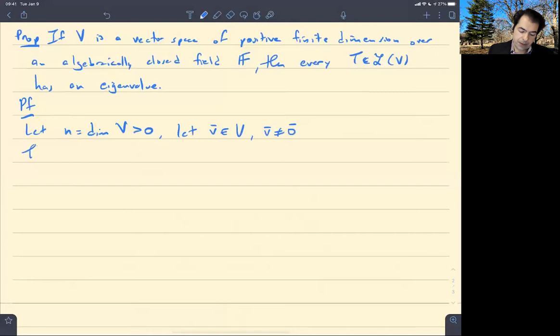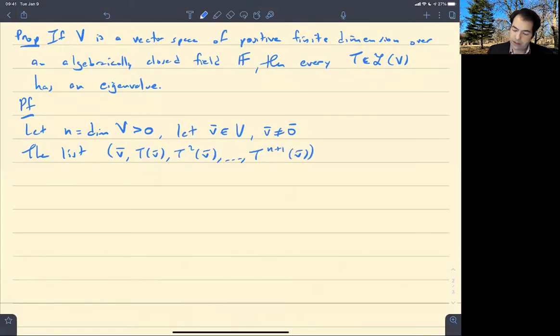Now consider the list v, and then T of v, and then T squared of v, and so on, up to T to the n of v. Now, when I write T squared, I just mean T composed with T. So I take v, then T of v, then T of that, applying T to the previous vector throughout. So T to the n is just T composed with itself n times applied to the vector v.